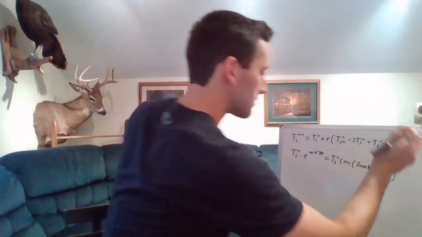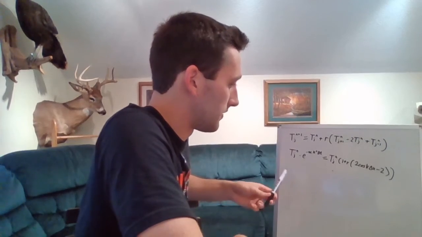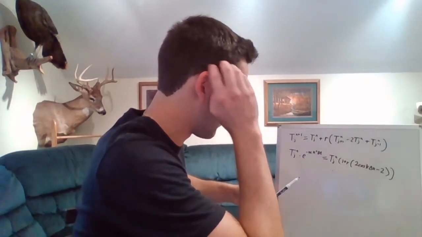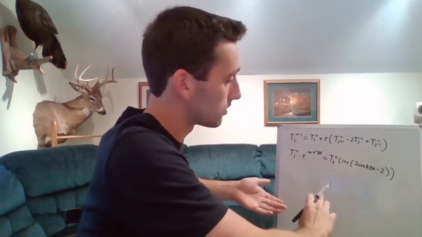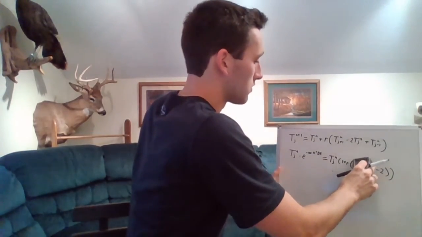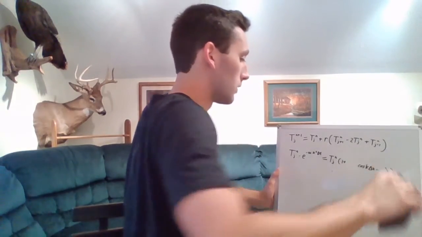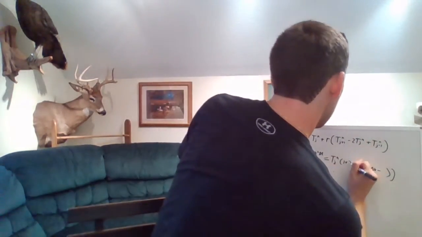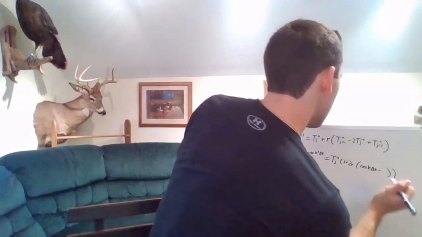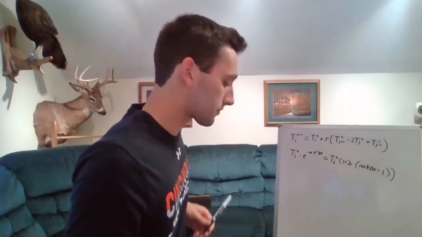There should be another parenthesis. Now from this, we can also distribute the 2 out, so we would get 1 plus 2r times cosine k delta x minus 1.